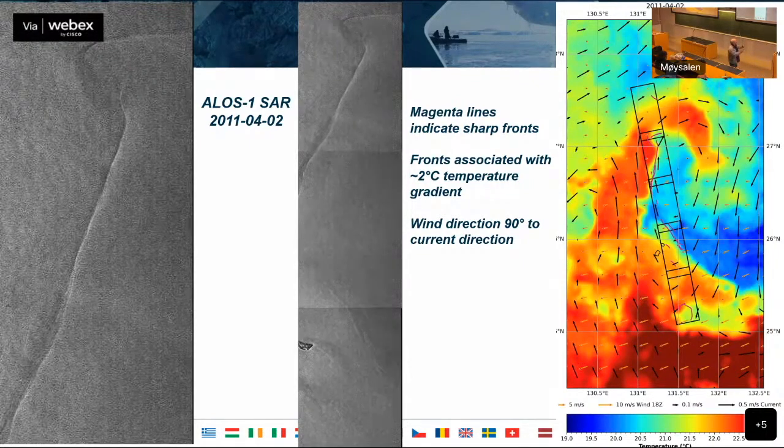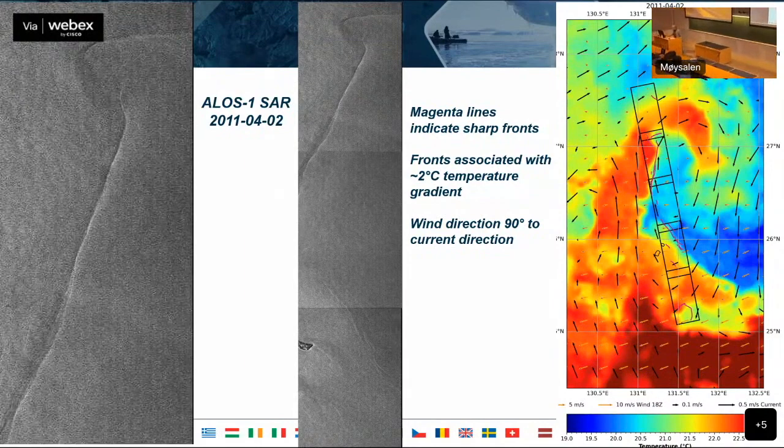So there is a convergent front, and the fronts lay along this temperature boundary, this SST boundary. And maybe that's what's supposed to happen. But if the winds and currents are parallel, you have a different situation.